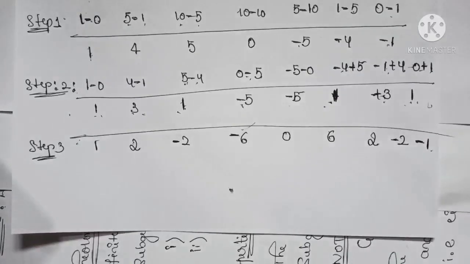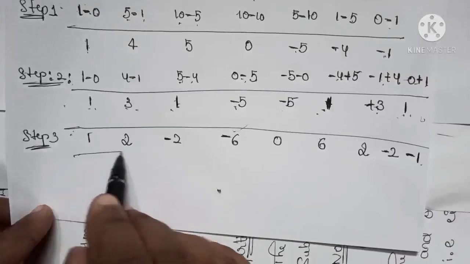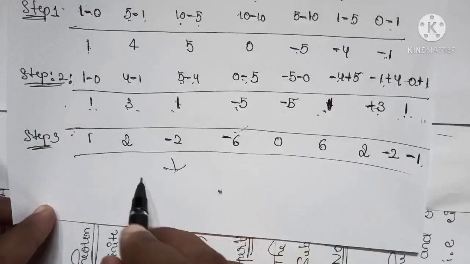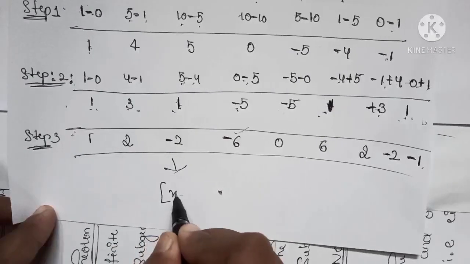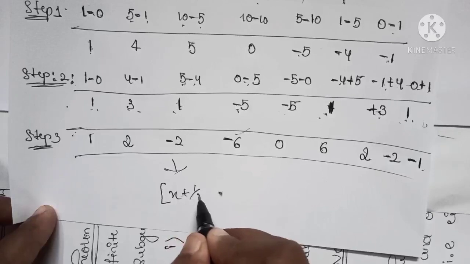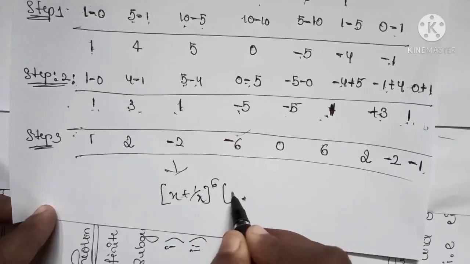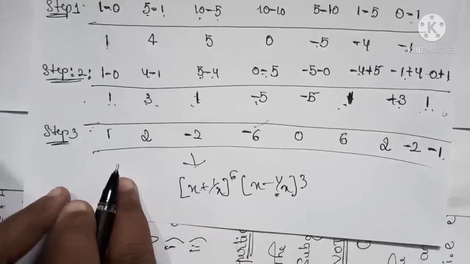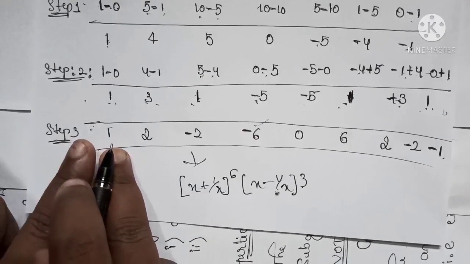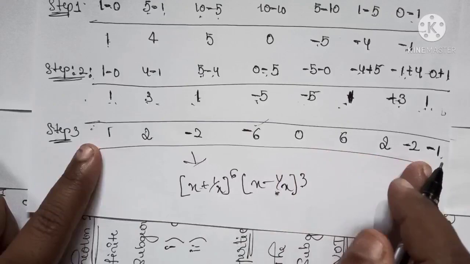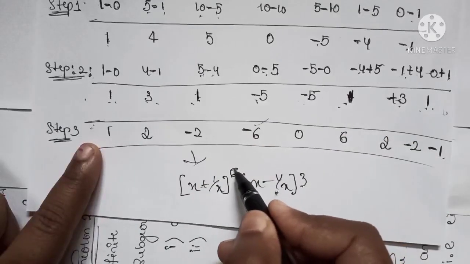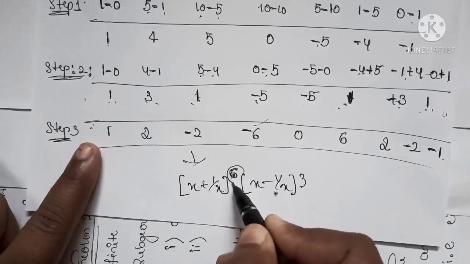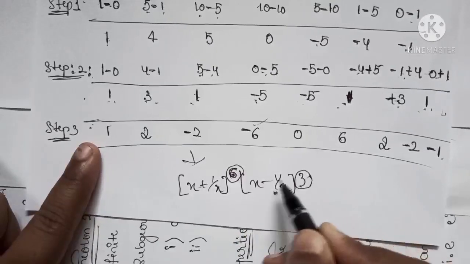Okay, these are the constants of (x plus 1 by x) power 6 into (x minus 1 by x) power 3. Next we add the various powers of x to these constants. So first we add 6 plus 3, which equals 9.